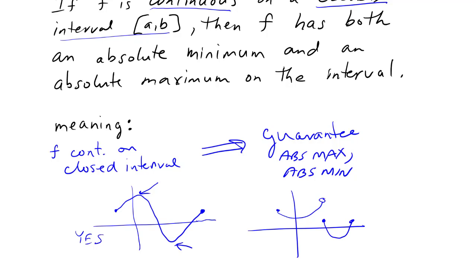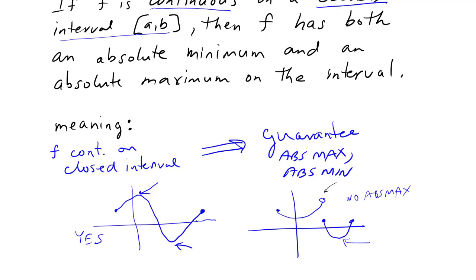Well, in this case, we certainly do still get an absolute minimum, but we don't have any absolute max. And the reason is the point up top here can't be an absolute max because it's open. So there are all these potential maxima leading up to it, but we never reach any absolute maximum.